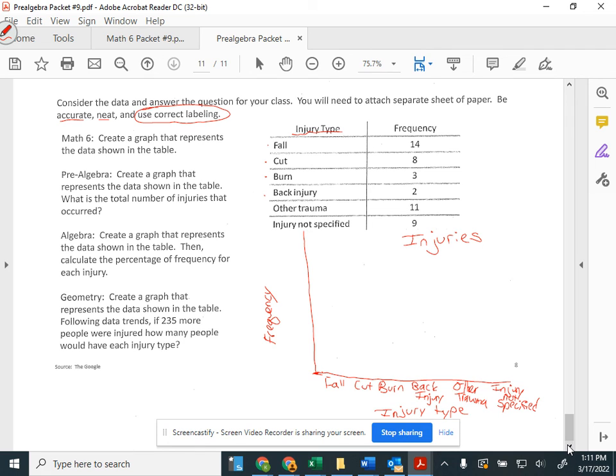If we started with a 2 right here, we wouldn't have any graph for our one that's at 2, right? There wouldn't be anything there. So if we start with 0, because the bottom is 0, we can start right there. We don't have to cut it off. And then because our biggest number is 14, we're not gonna skip count it all. We'll just count up by ones because it's not that much.